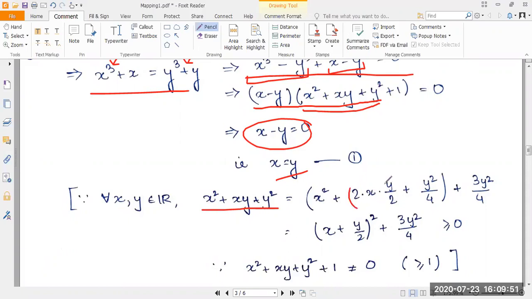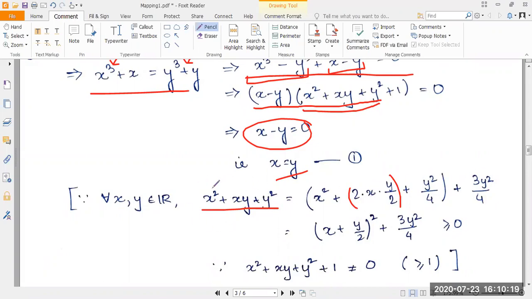So this term is actually xy, so I haven't made anything extra for this term xy. I have just adjusted it to represent it in the form 2 into something else. Next, I split y square into y square by 4 and 3y square by 4. So when I add y square by 4 and 3y square by 4, I get 4y square by 4, which is y square. So I have split this y square into two components.